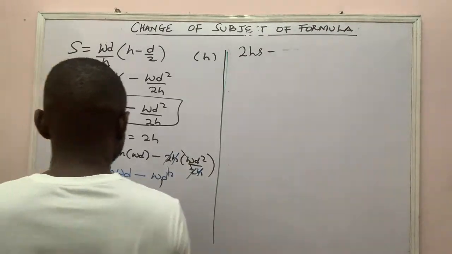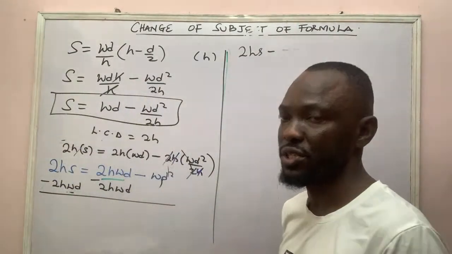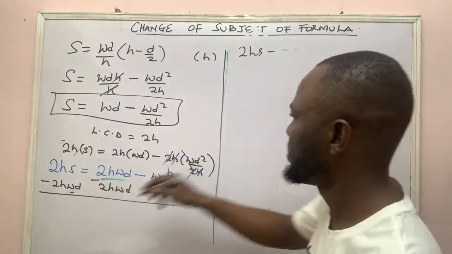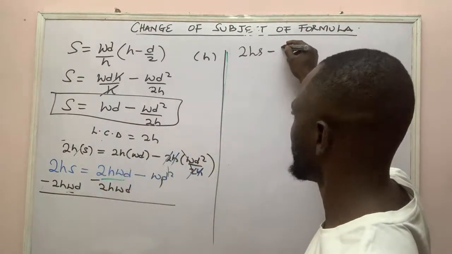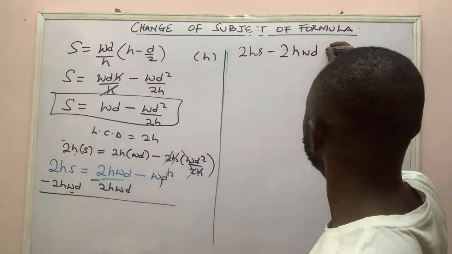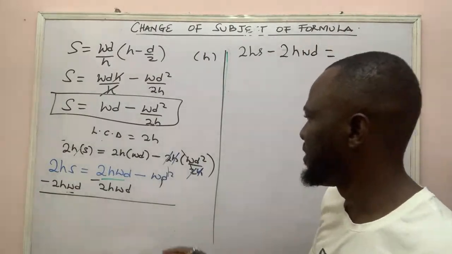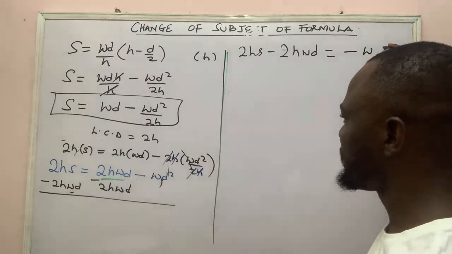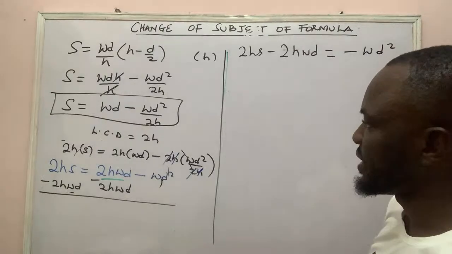So if I subtract this from both sides, I'm going to get 2HS minus 2HWD equals, here I have minus WD squared. All right, if you look at that.